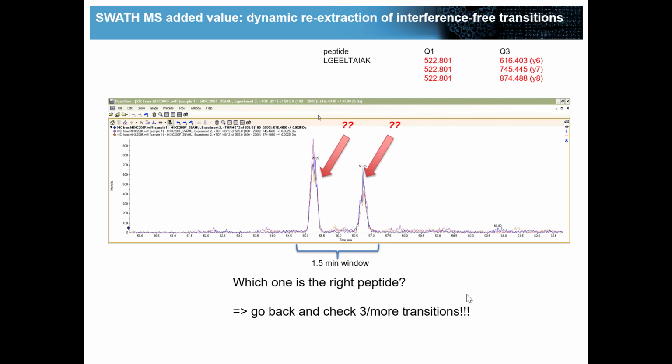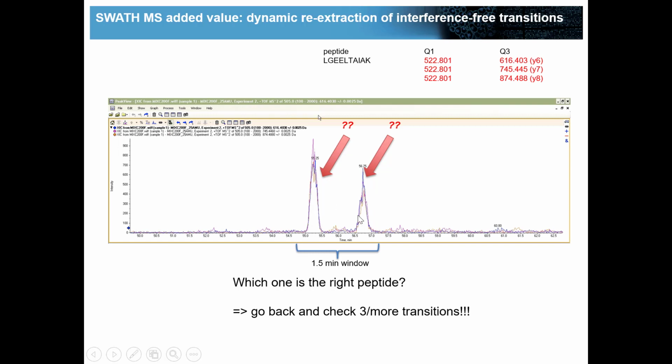What about other types of added value that you might have from DIA data over SRM data? Here I'm showing a given peptide, and these are the transitions that you could use to quantify this peptide by SRM. In this case it's SWATH data, but it could also be SRM. If you extract these 3 fragment ions, you get basically 2 peaks, and they both look pretty good.